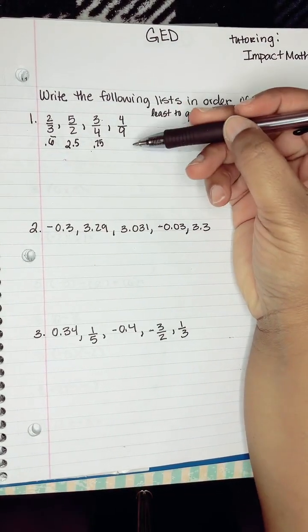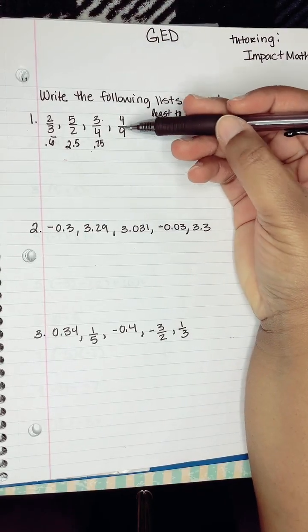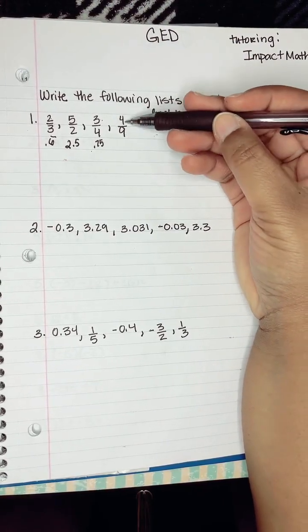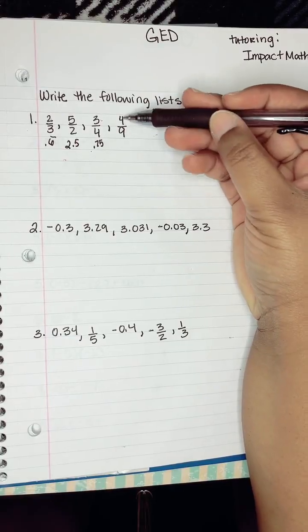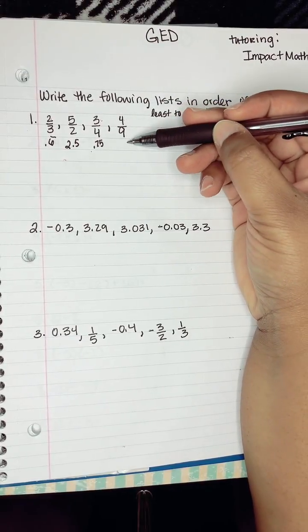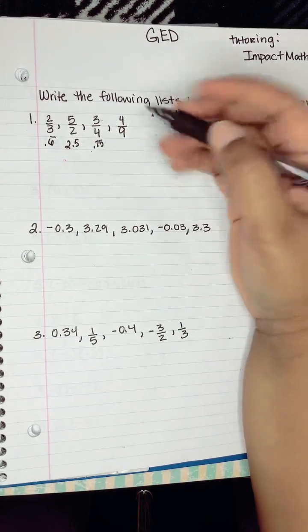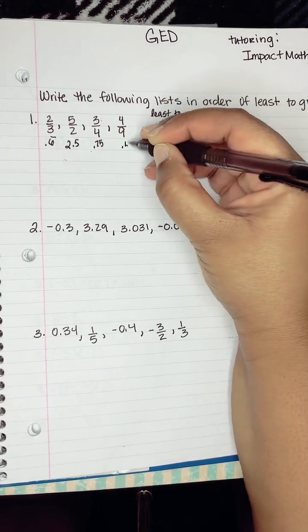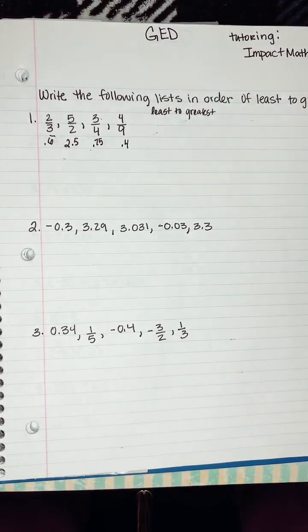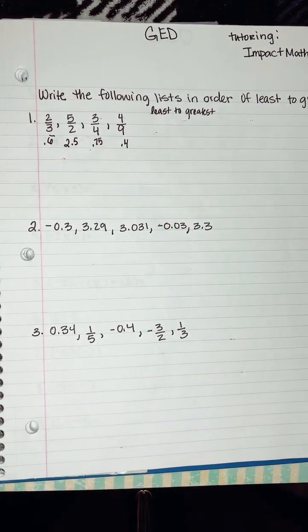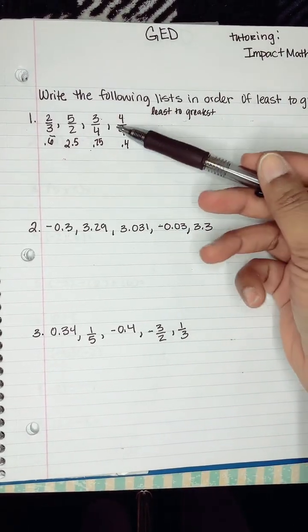Now, this one is a little bit challenging for me, right? Because I don't know what 4/9 is off the top, but I know it's close. Like if this was 8, this would be close to 0.5. So it has to be a little bit under 0.5. So I'm guessing it has to be like 0.4 or somewhere around there. Any questions on how I guess this?